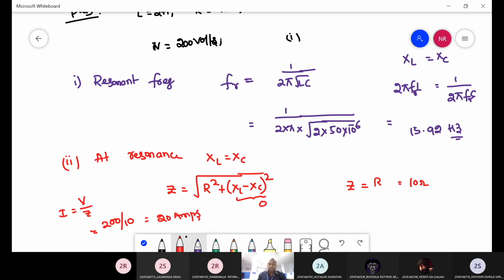Simple. The one point you need to catch here is that at resonance XL is equal to XC, so this term will be 0. When this term is 0, Z is equal to R. So current I is equal to V by Z, Z is equal to R is equal to 10, then 200 by 10, that is 20.